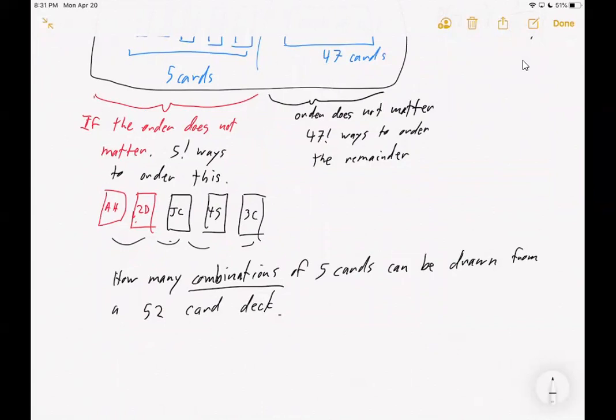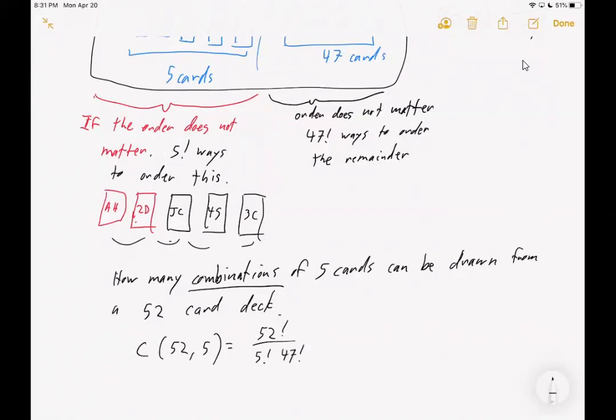All right, so we're going to treat the 5 factorial just like we treated the 47 factorial. So the combination of 52 comma 5 would be equal to 52 factorial, all of the ways we can shuffle the deck, divided by 5 factorial times 47 factorial.